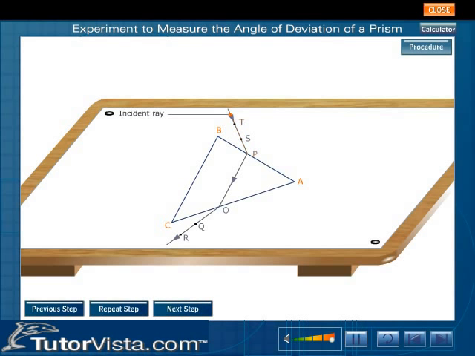TP represents the incident ray. PO represents the refracted ray. And OR represents the emergent ray which is bent towards the base.